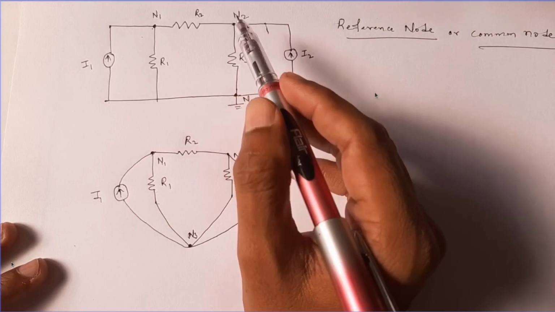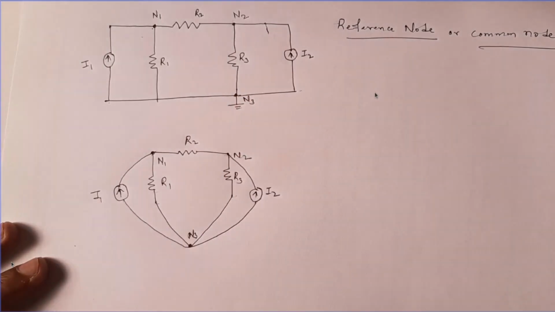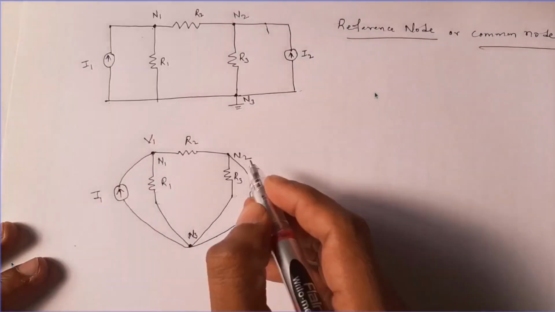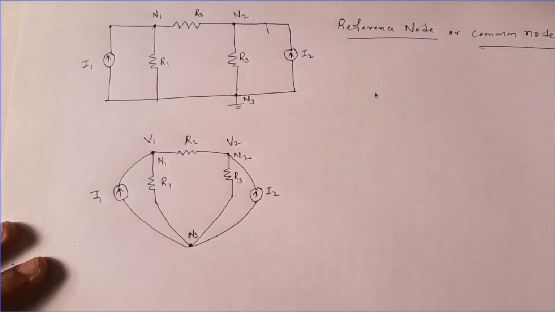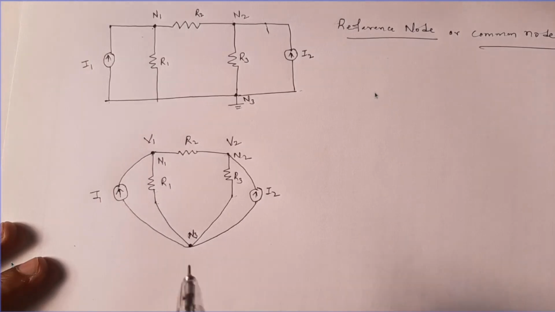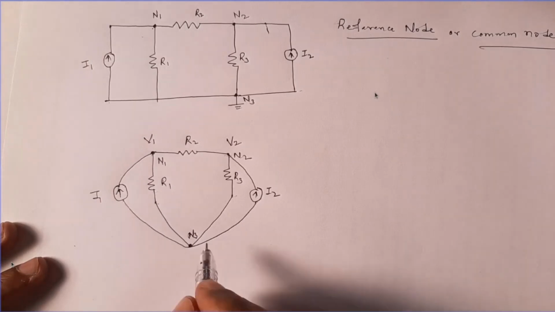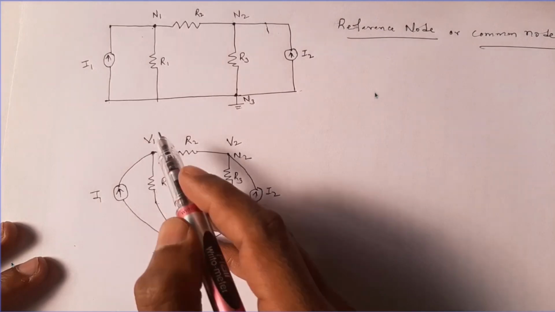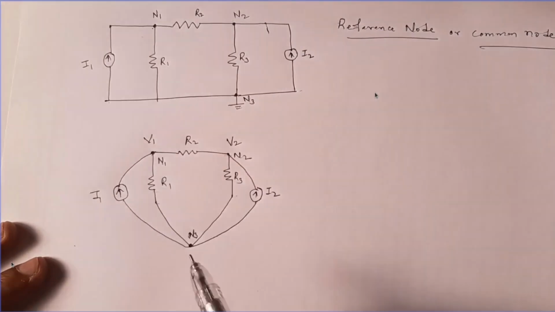Say here, I consider some arbitrary voltages, like voltage at N1 as V1, voltage at N2 as V2, and normally the voltage at the common point will be taken as 0, a reference voltage, because we are going to measure a node voltage with reference to a common node or a reference node.